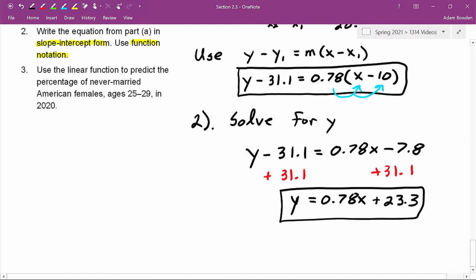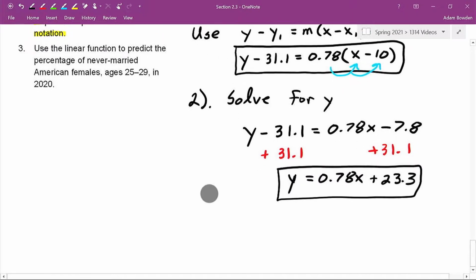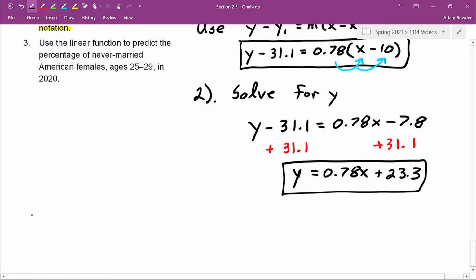Now that we have the equation of a line passing through the data points, we can take this another step further and make predictions about where the trend will continue into the future. For the function we have here, it said to use function notation, and the only thing that would be different is to write it as f of x instead of y equals. So this is what it looks like in function notation.